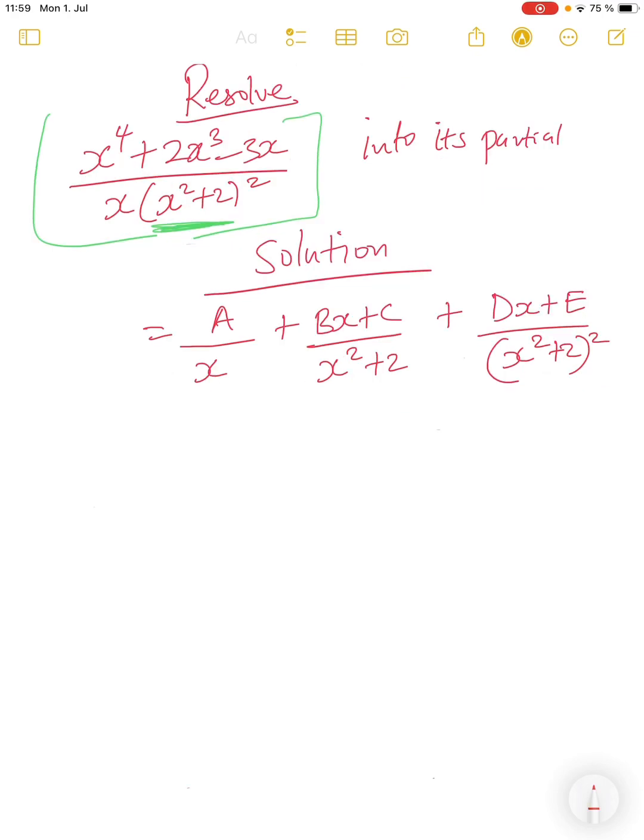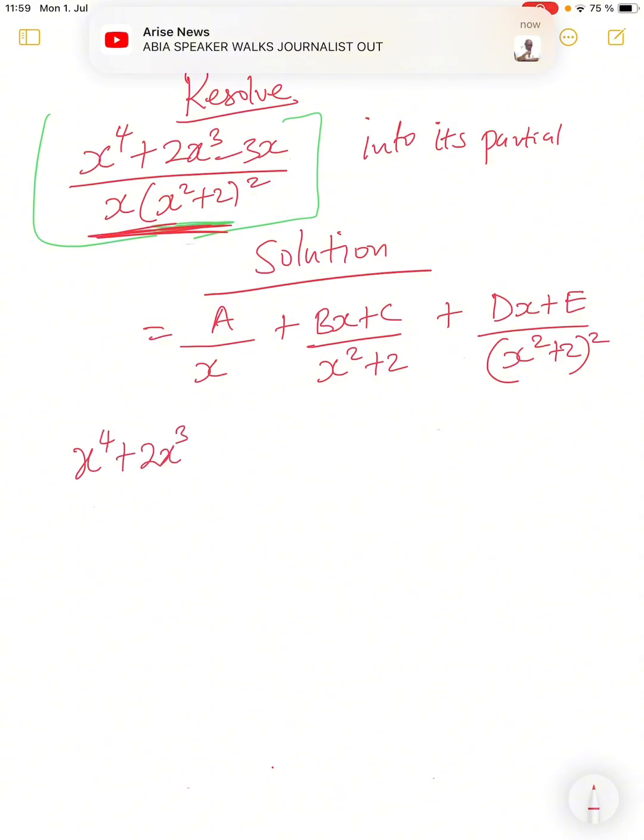So next we multiply the fraction by this denominator. If you multiply everything by the denominator, you have x to the power 4 plus 2x to the power 3 minus 3x.